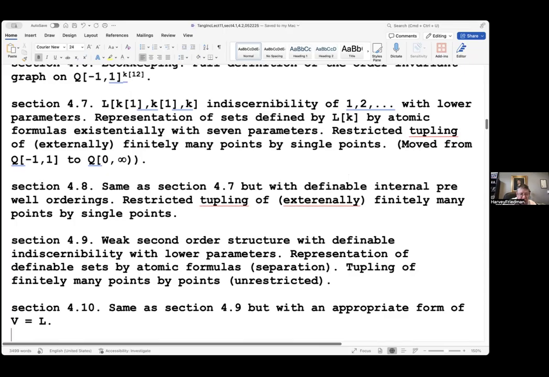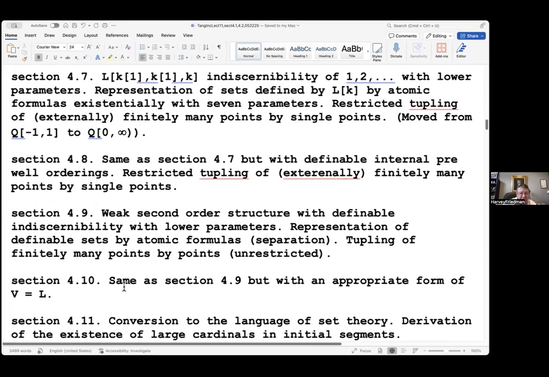All right, now we go to a weak second order structure with definable indiscernibility with lower parameters and representation of definable sets by atomic formulas. The full-blown thing.